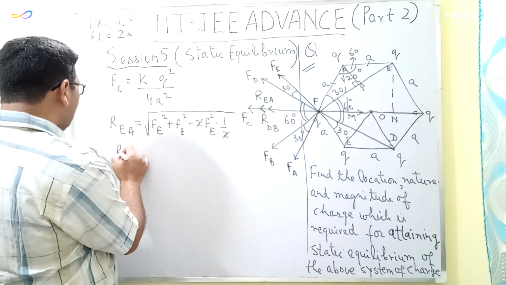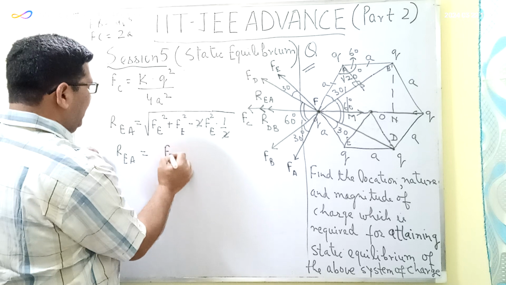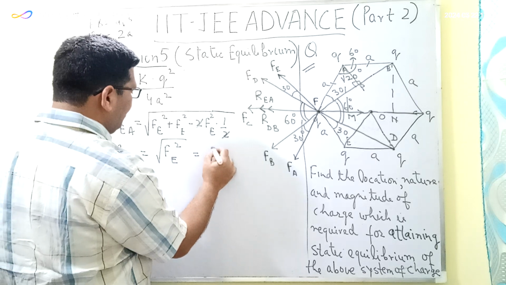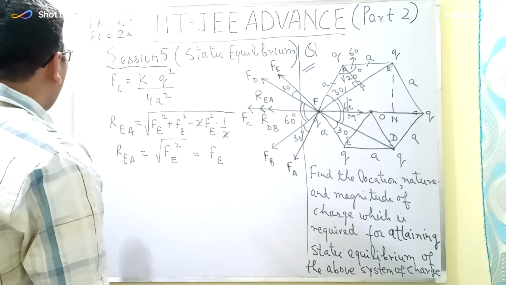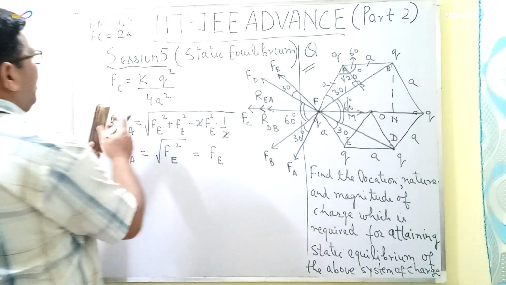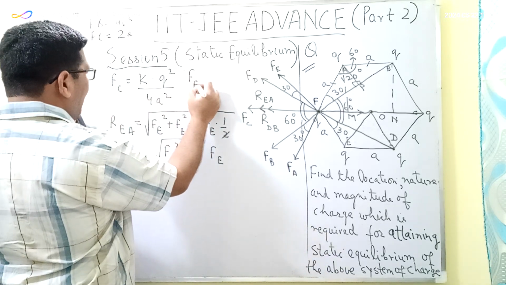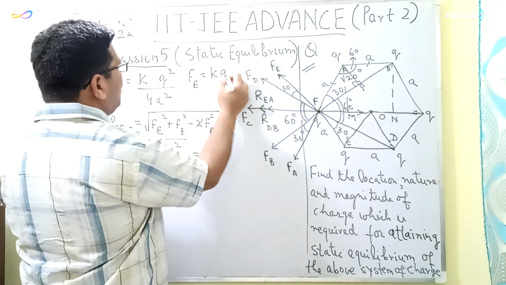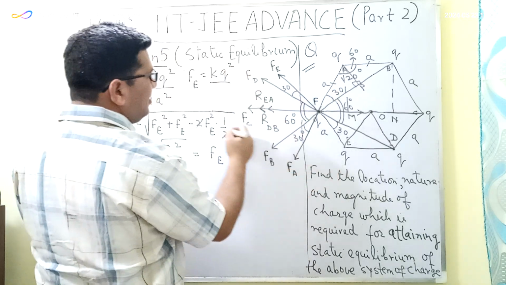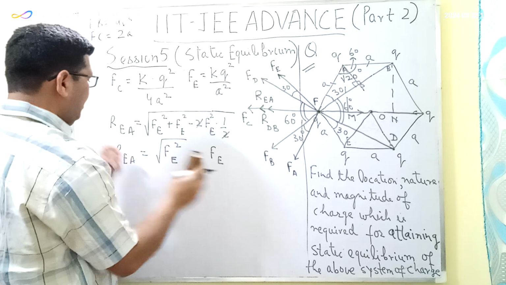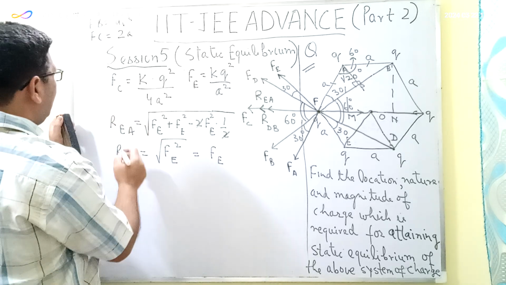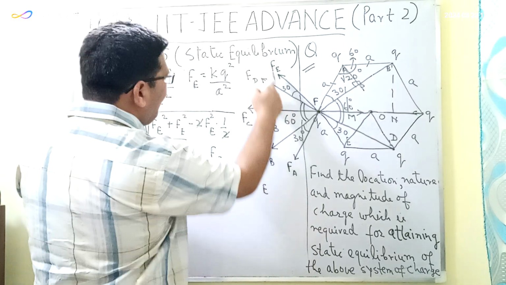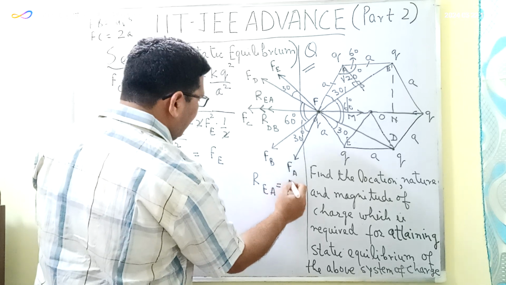So finally REA is equal to the square root of FE square, which is equal to FE. Here FE is equal to K Q square divided by A square, and the resultant of FE and FA is equal to FE.